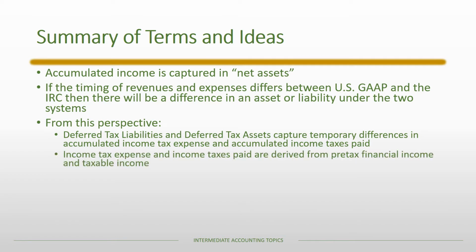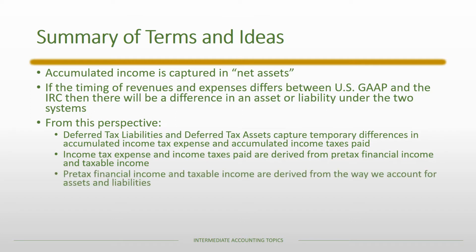But at the same time, we know that the income tax expense, both in any given year and as it's accumulated, and the income taxes paid are derived from pre-tax financial income under US GAAP and taxable income under the Internal Revenue Code. Again, it's just a function of them. Well, we also know, from that first bullet up above, that pre-tax financial income and taxable income are derived from the way we account for assets and liabilities under the two systems.